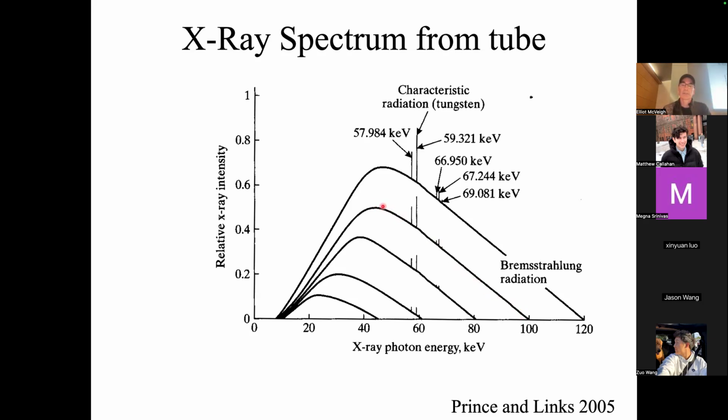So this is called a probability density function, and it means the relative number of photons at that energy that are coming out of your target, right? These tiny little lines here are the characteristic radiation for tungsten, for that atom. The K shell electron is here, and then this would be the next one.